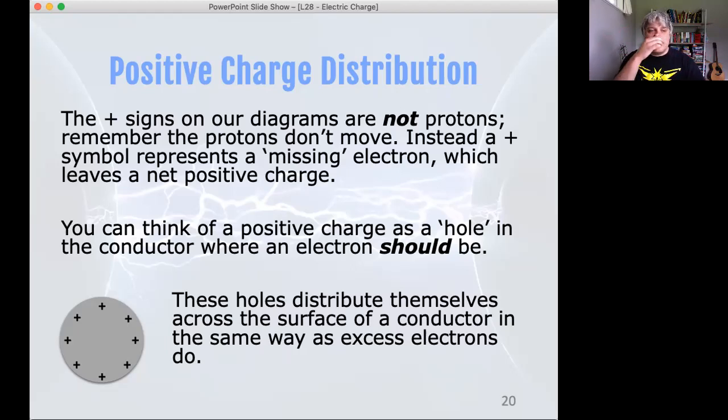The electrons will go inwards a little bit and leave the surface as a slightly positive charge, rather than putting the electrons all around the surface and leaving a positive charge in the middle. So you don't need to worry specifically about all of that interior detail, the idea of the sea of electrons matching the ions and spreading itself out, but you do need to remember that regardless of positive or negative charge, it will distribute itself across the surface.